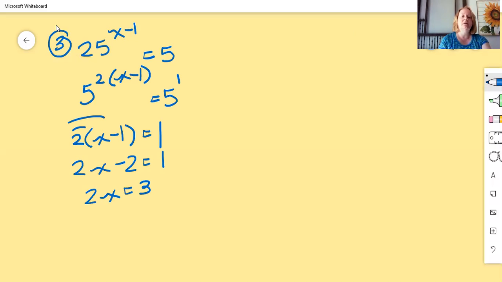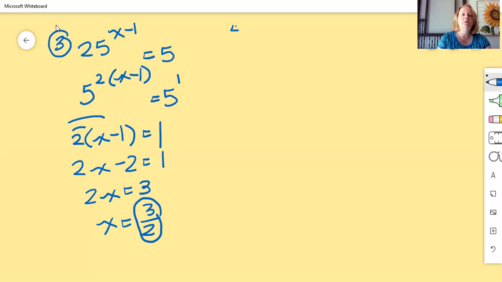And so x is going to equal 3 halves. You'd circle it, and that's your answer. So let's walk back through this a little bit. I knew that 25 was 5 squared. I have to put the parentheses in here because it's an expression. I now have the bases the same, so I'm going to set the exponents equal to each other, distribute and divide, and I got my answer of 3 halves.